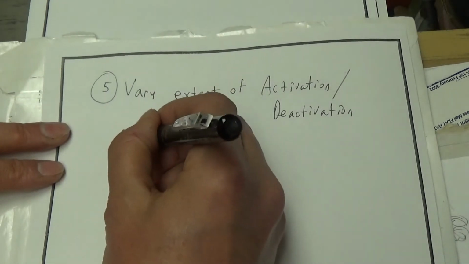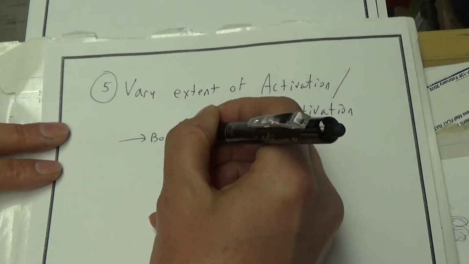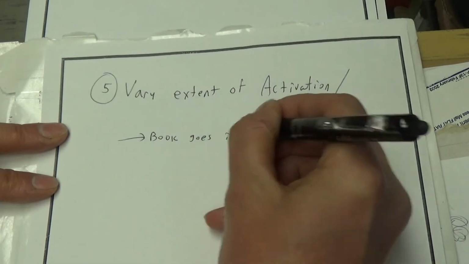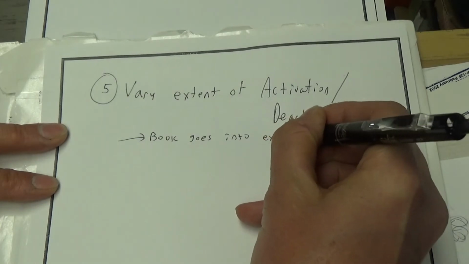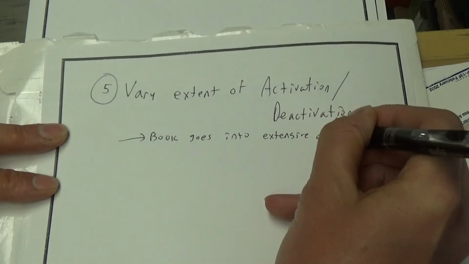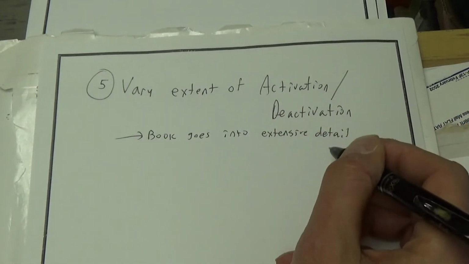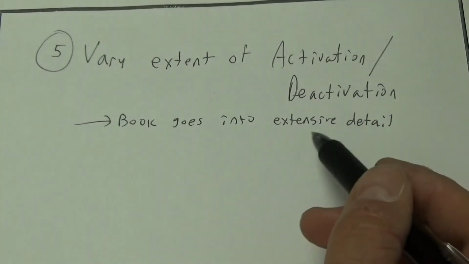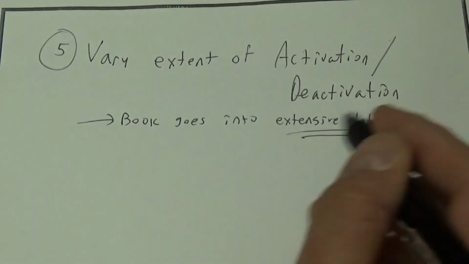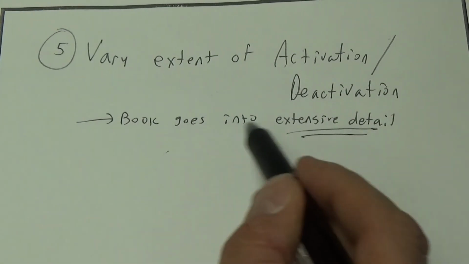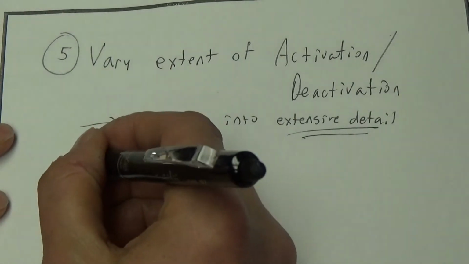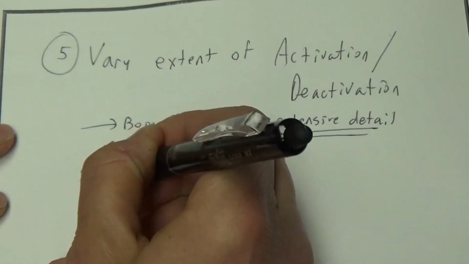I am going to say that the book goes into extensive detail, and we're going to go into a little bit less detail, but we're still going to cover all the key tricks, alright? So if you're following along in the book, just realize it goes just a tad more into detail that we don't necessarily care about.